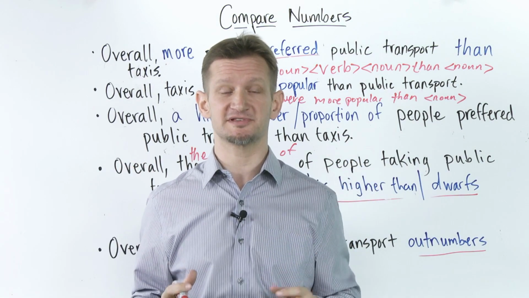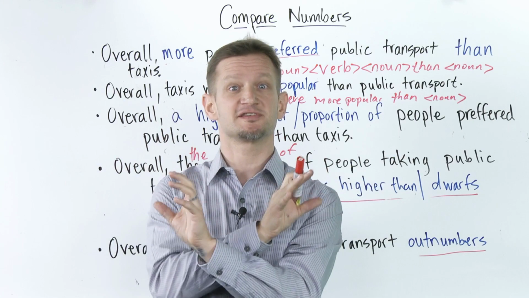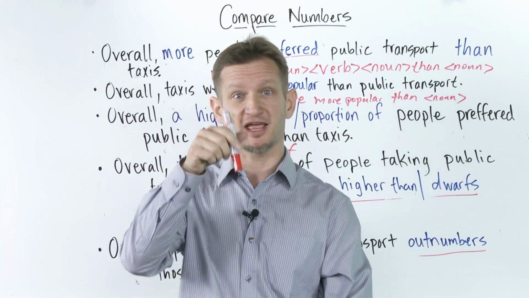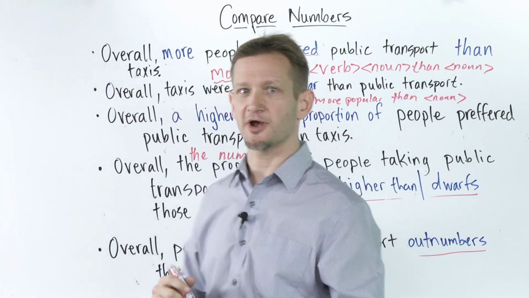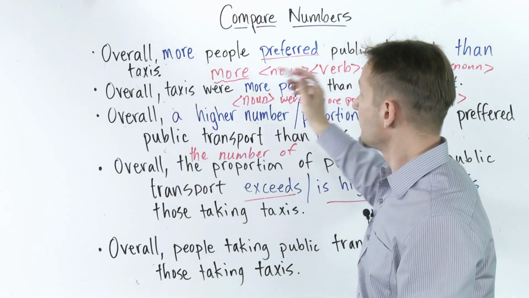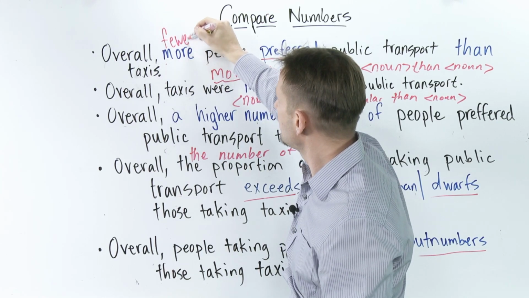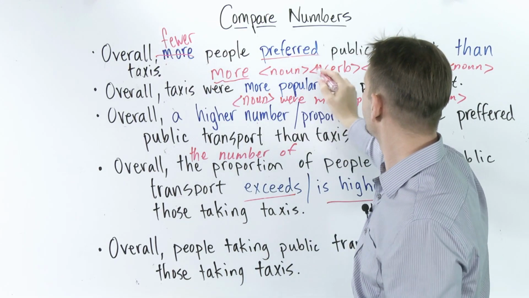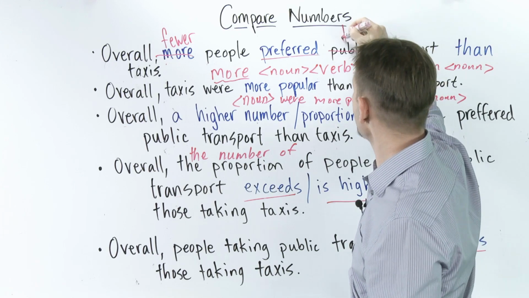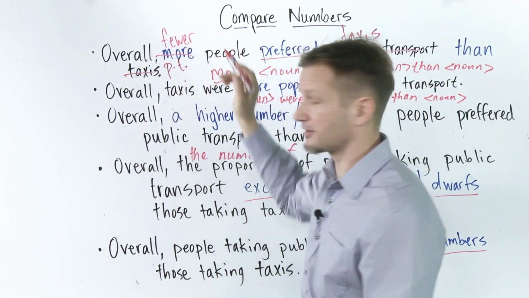Okay, let's talk about opposites. When you're comparing two things, you can often switch the subject and the predicate if you change what's in the middle. Let me show you what I mean. So overall, more people preferred public transport. We can also say overall, fewer people preferred, and now we change this to taxis than public transport, right?